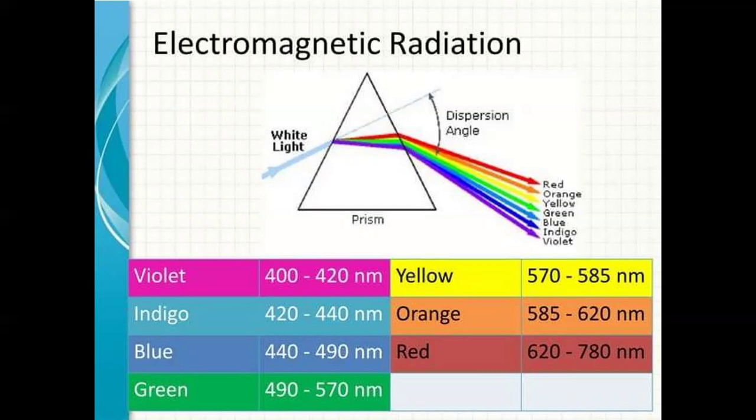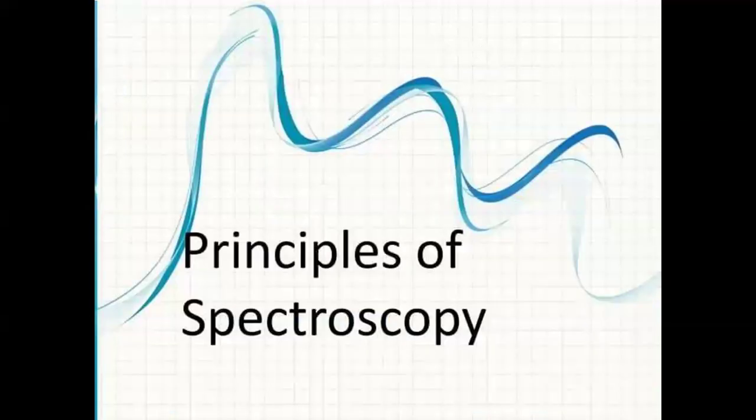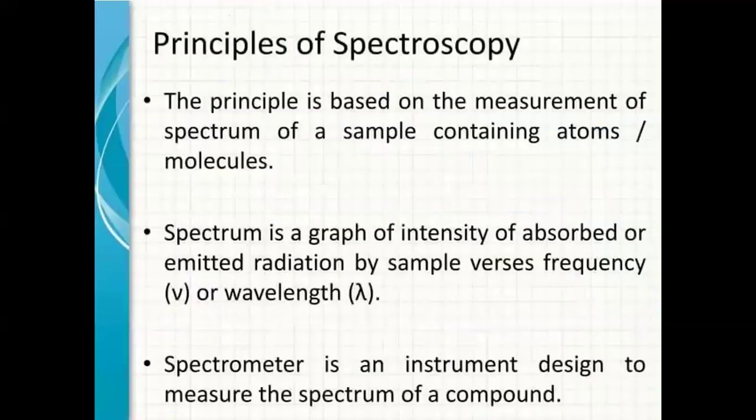Above the red region is called the infrared region, and below the violet it's called the ultraviolet region. So only the visible region is VIBGYOR. So this UV visible spectroscopy works from the range of UV, that is around 200 nanometer, to the red, that is 780 nanometer.